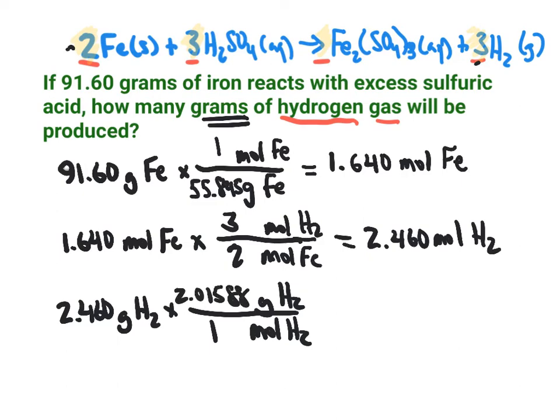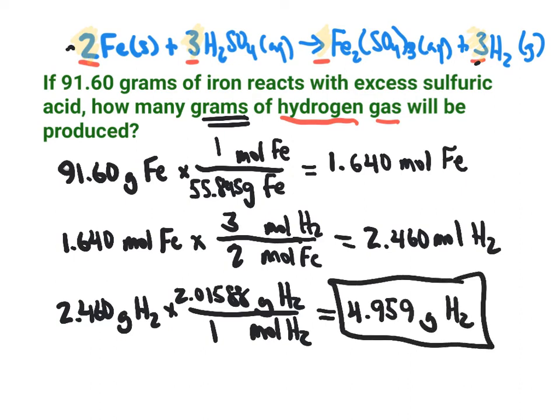Remember, it's 2 atoms of hydrogen. When I multiply that all out, I get 4.959 grams of hydrogen gas, which doesn't seem like a whole lot. So if I start with 91.60 grams of iron, I'm only going to get 4.959 grams of hydrogen gas.